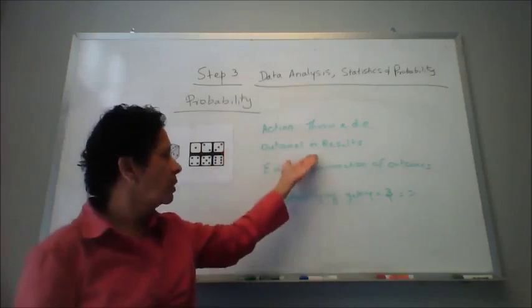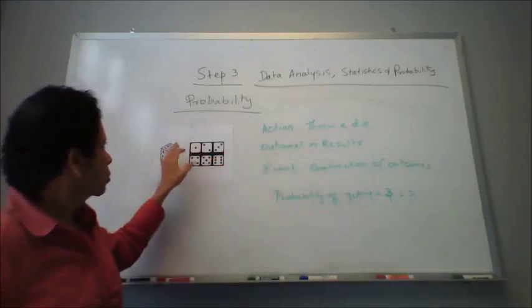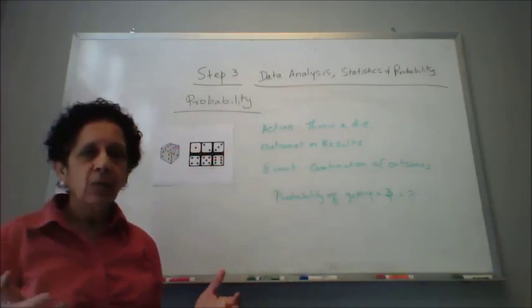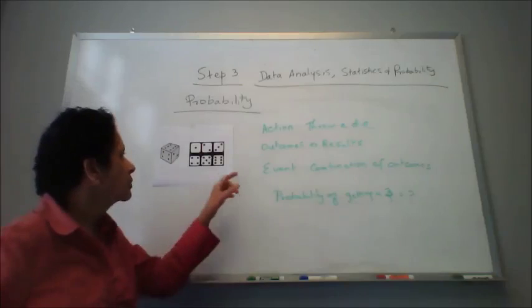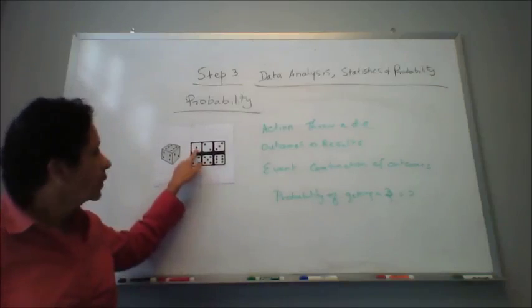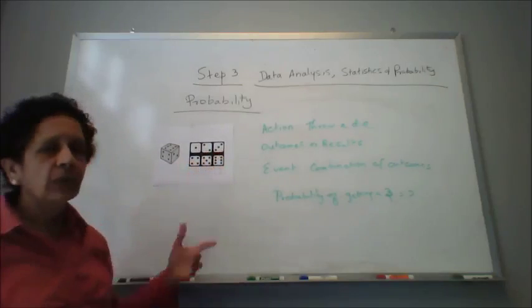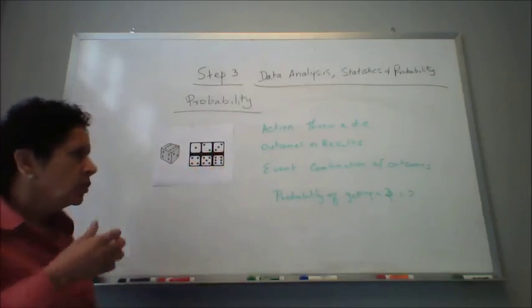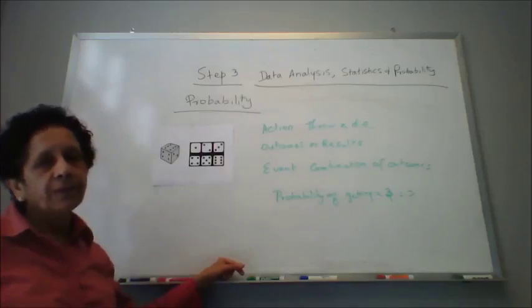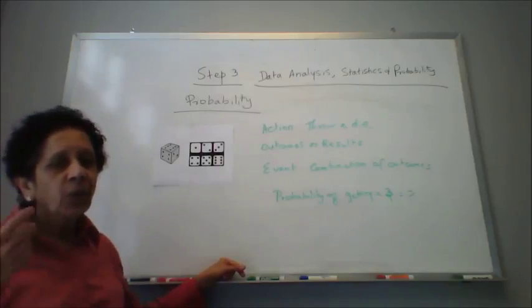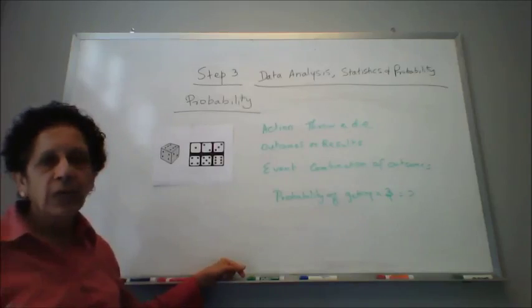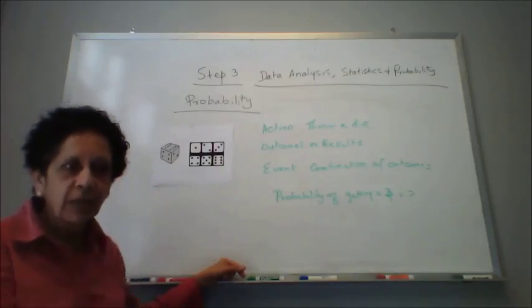The results are outcomes. Okay, so when I throw this die, what are all the possible outcomes? I can get either a 1 or 2 or 3 or 4 or 5 or 6. I could get any one of those. So if I ask you, what is the likelihood that I'm going to get exactly a 3 when I throw this die?